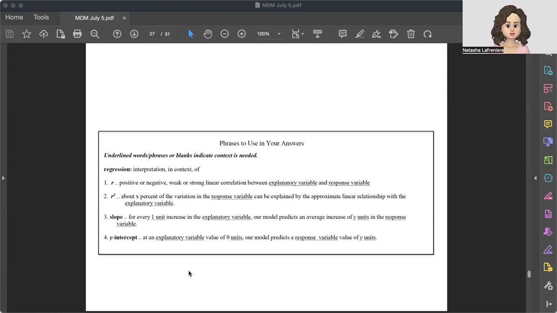R squared is your percentage of your approximate linear relationship. Your slope is your rise over your run. Your y-intercept is where it crosses the y-axis. These are words that should be familiar to you, hopefully.